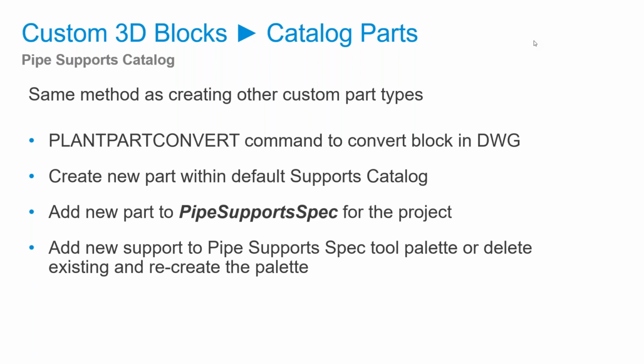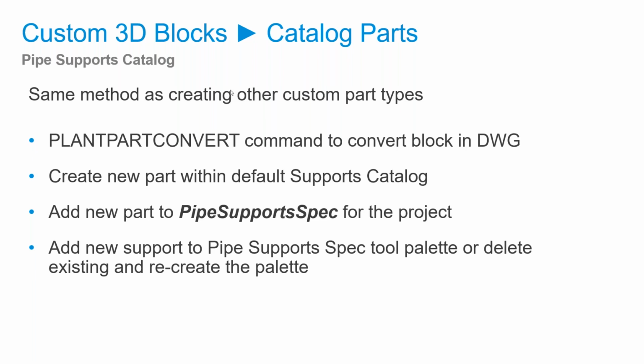So if you want to put them into the catalog, into your pipe supports catalog, and then transfer it into your spec for use from the tool palette, you first need to use AutoCAD blocks, so you cannot use solids.